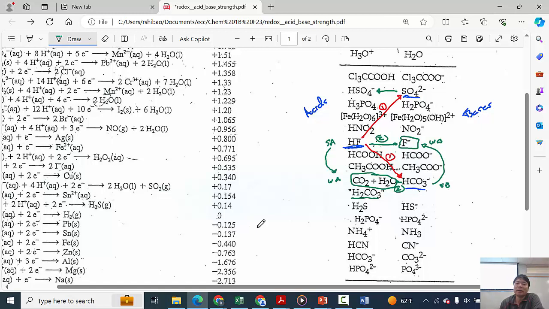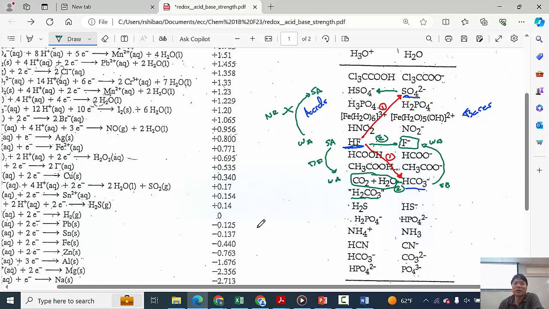Bisulfate. Is bisulfate a weaker or stronger acid? It's a stronger acid. So in this case we're going from a weaker acid, HF, to a stronger acid, HSO4 minus. Is that favorable? No. We expect no reaction here. Here we have driving force.